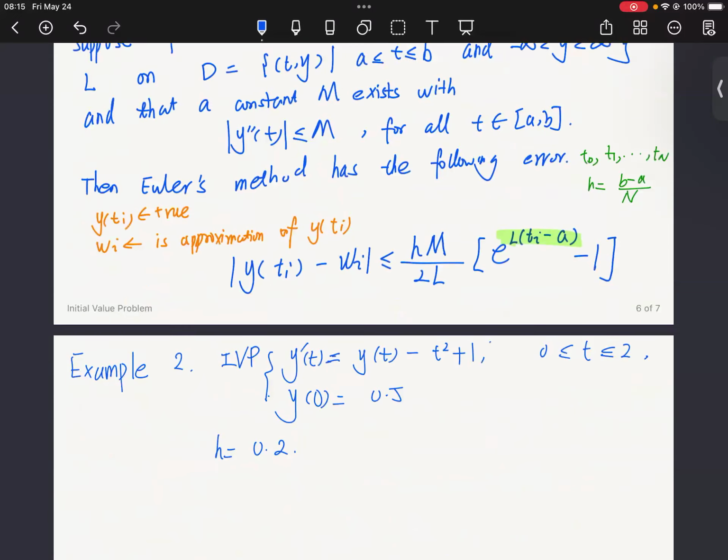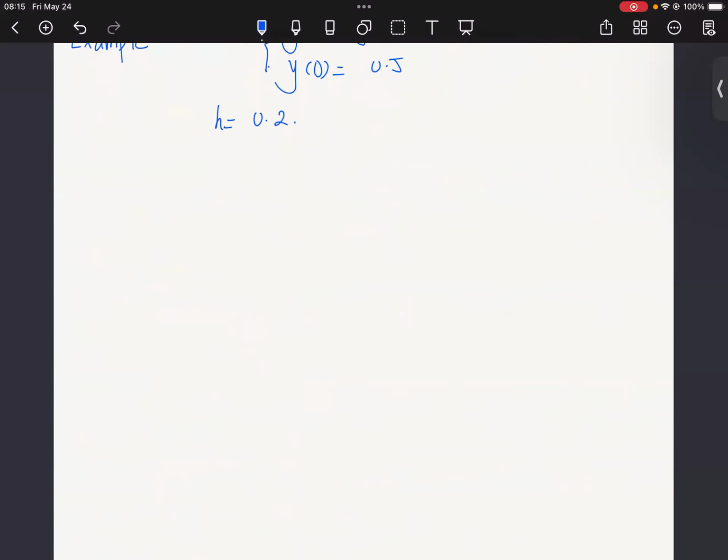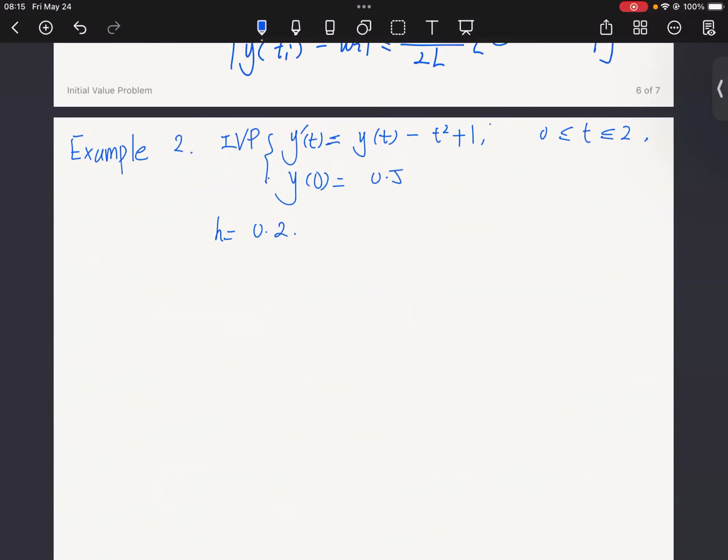So here the question is that please use theorem 5.9 to find the error bound for the approximation error.